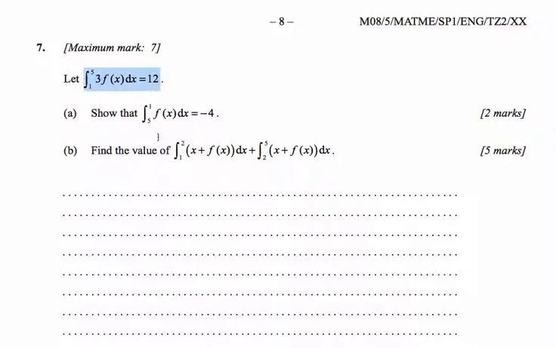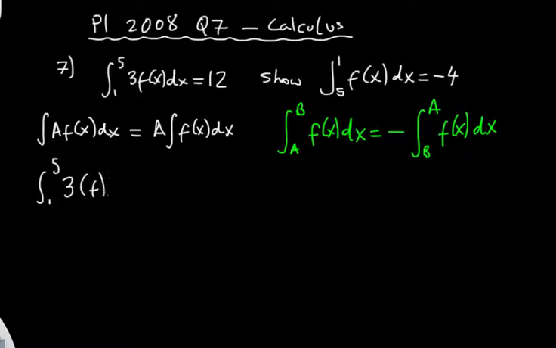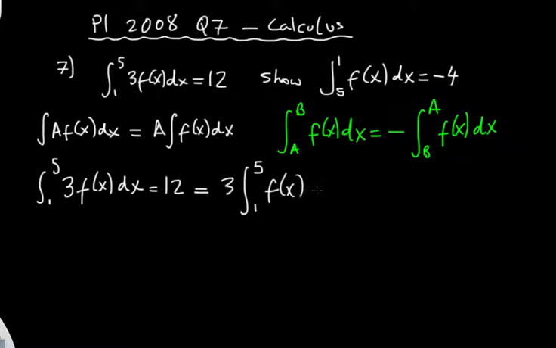We take that which they give us and we say, well, if the integral from 1 to 5 of 3 f of x dx is equal to 12, that implies that we can just say that this is equal to 3 times the integral from 1 to 5 of f of x dx.